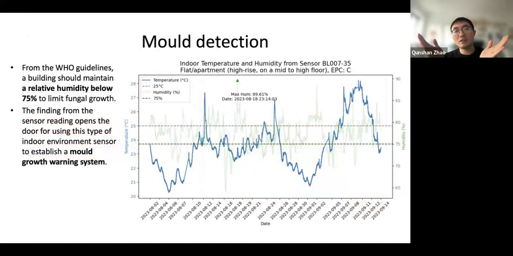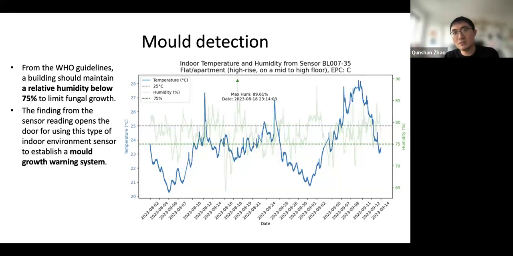The final thing I want to say from the analysis is about humidity. In the UK, mold and dampness are quite a big issue everywhere, and preventing them is quite difficult because it's quite humid. We found that this household has humidity consistently above 75%. That's the WHO standard: you need to keep it under 75% to avoid mold growth.